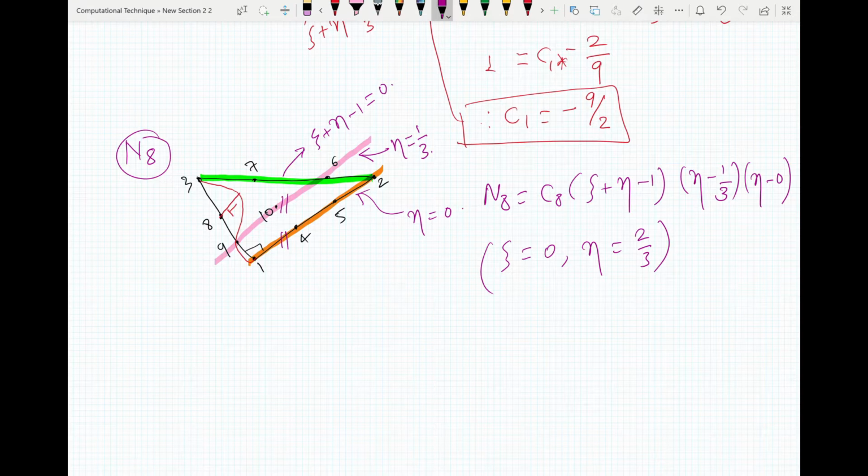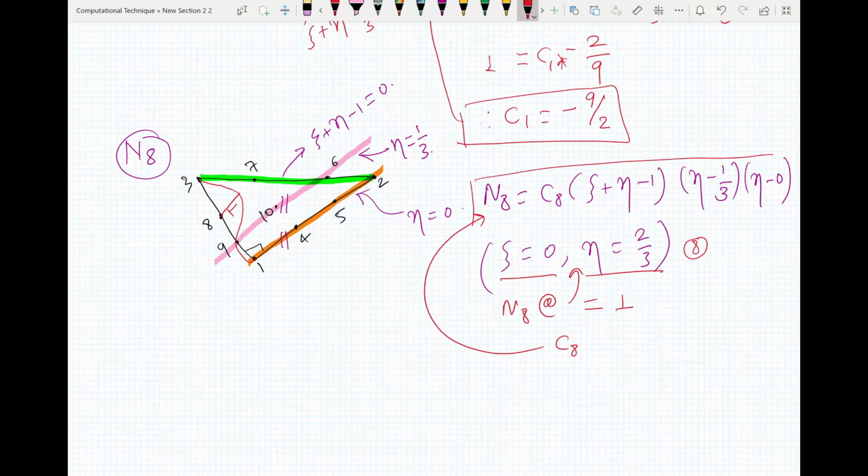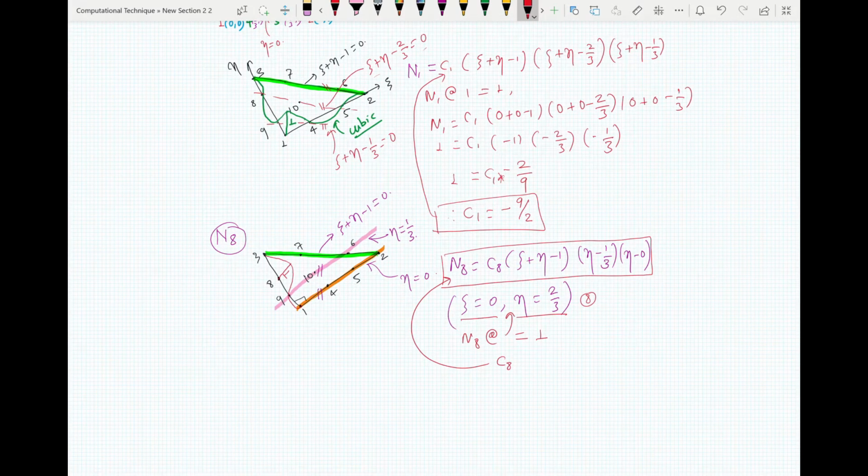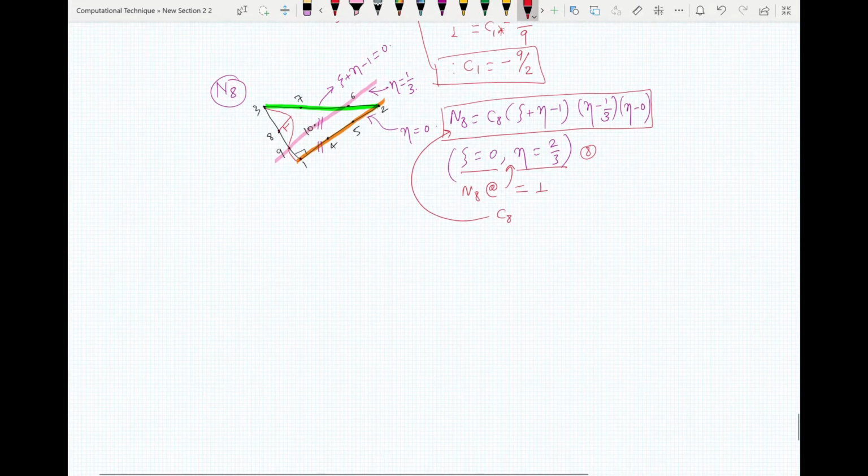N8 at this value, that is node 8, should be equal to 1. Substitute the values to obtain your C8, and substitute it back here to obtain your N8. Similarly, you can find your shape function for node 10 as well.